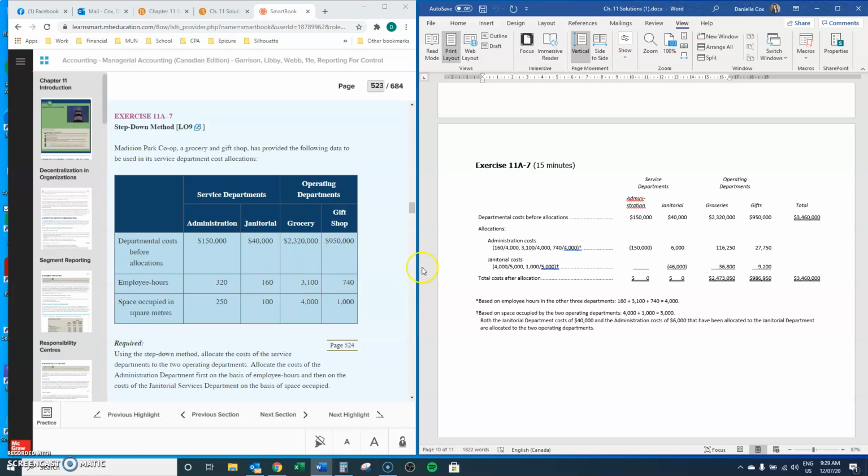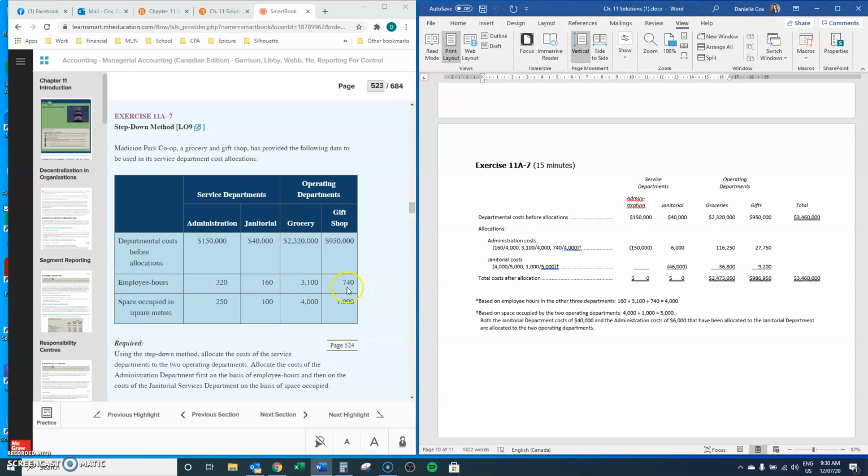One of the questions that she had was, where are these numbers coming from? Basically we're going to allocate the 150. Now the service department used 320 hours, but we don't take that. The other three departments had 160 hours, 3,100 hours, and 740 hours.